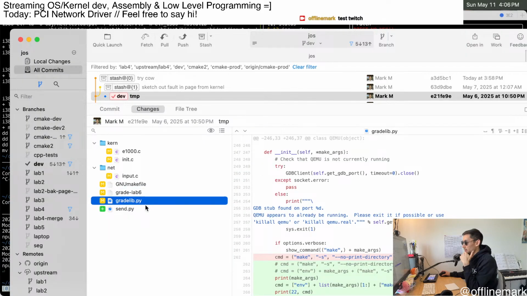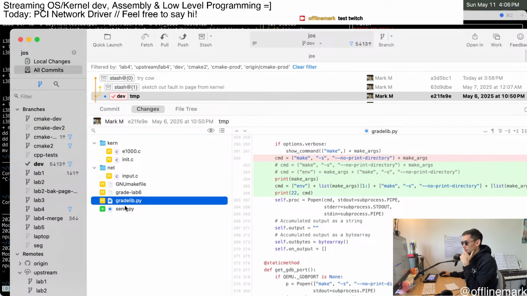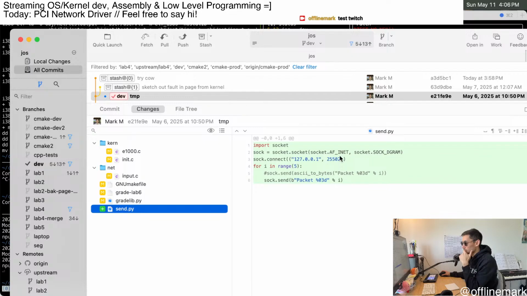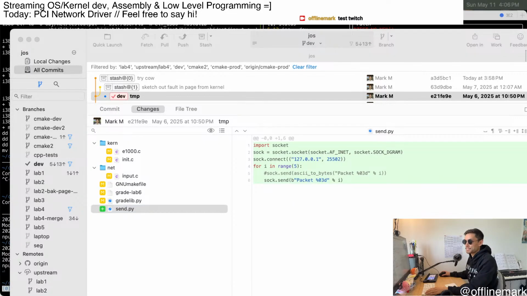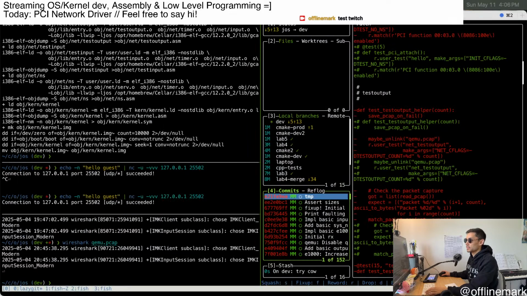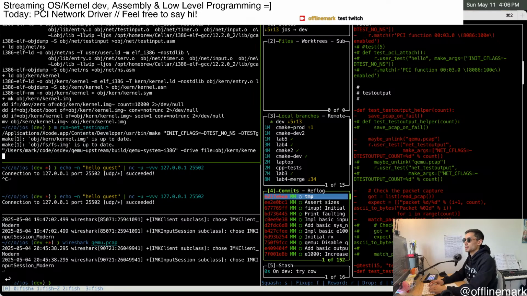I think I will need to clean this up a little bit. Okay, let's try this out. So we're going to run the kernel with this test input program.